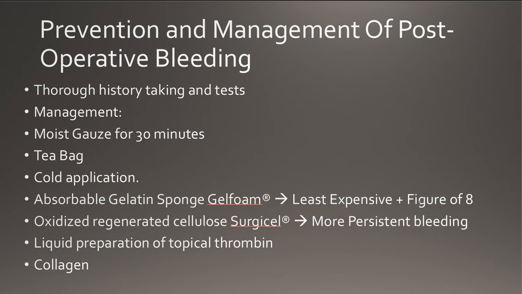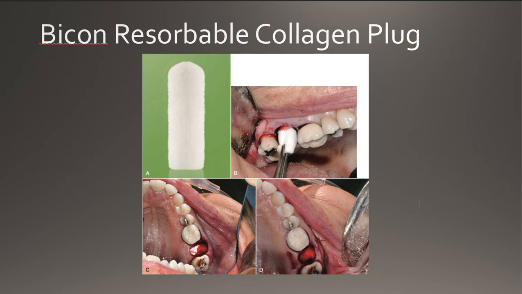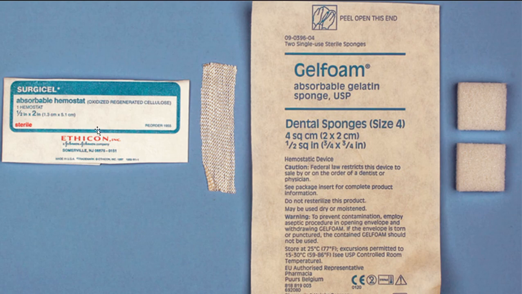It's the least expensive, with figure of 8 suturing. Surgical for more persistent bleeding. Collagen can be used as well. Here's a resorbable collagen plug. Here we can see Surgicel. That's another form of it. Gel foam, how it looks.